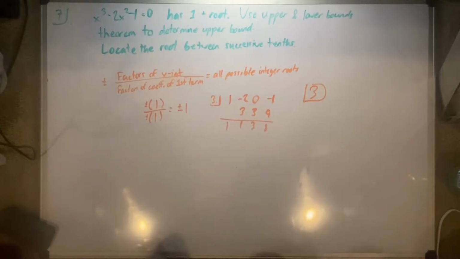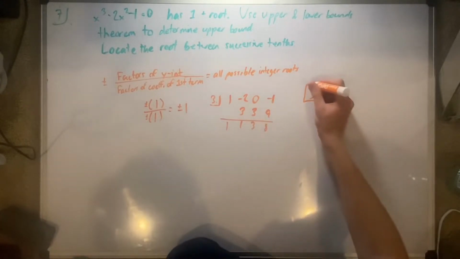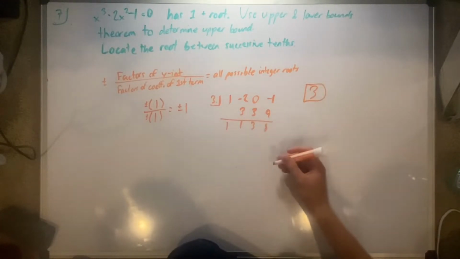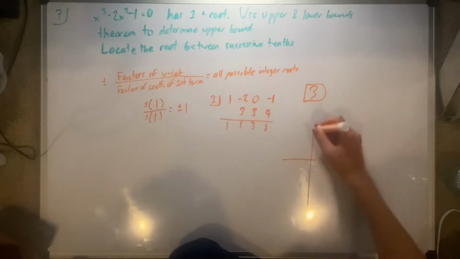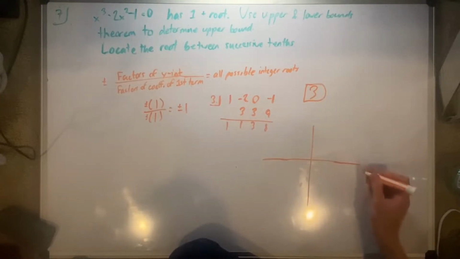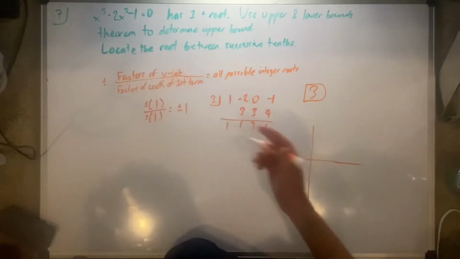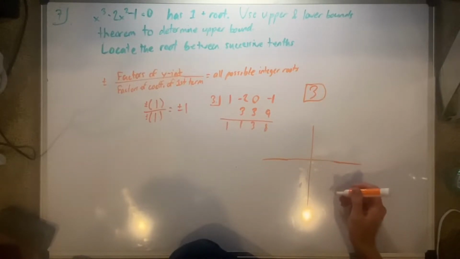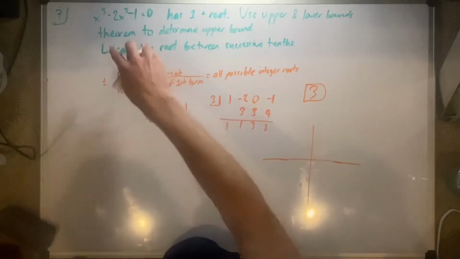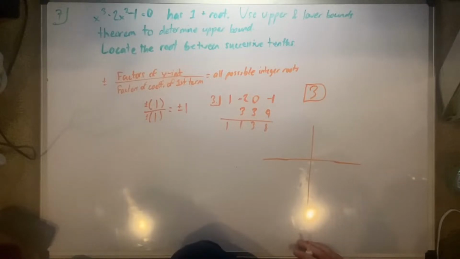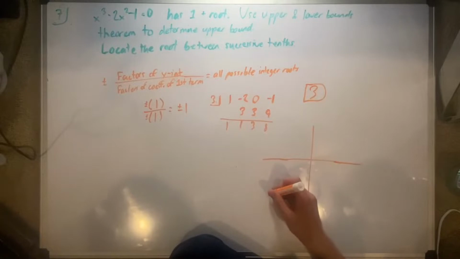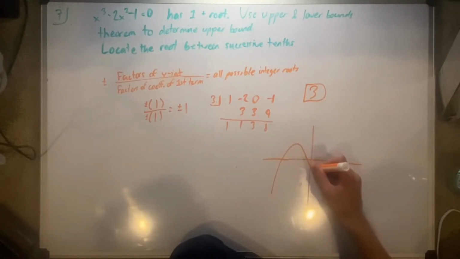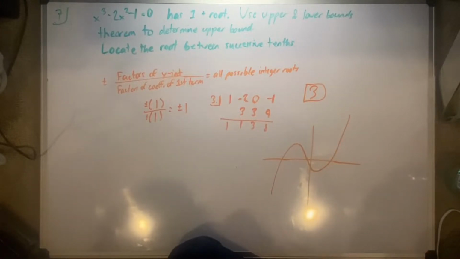A very cool thing about how these work is that, let me draw a little graph to visualize this. We know that this function will probably do something like this. It's going to turn twice, because we always turn one less than the total degree of the function. Let's just say it'll start here, go to negative 1, and then turn like that.